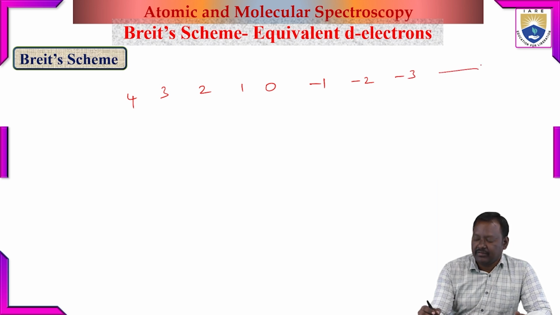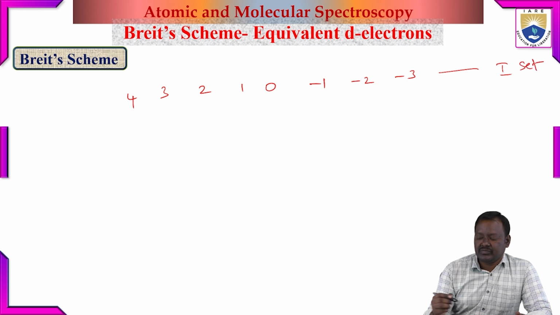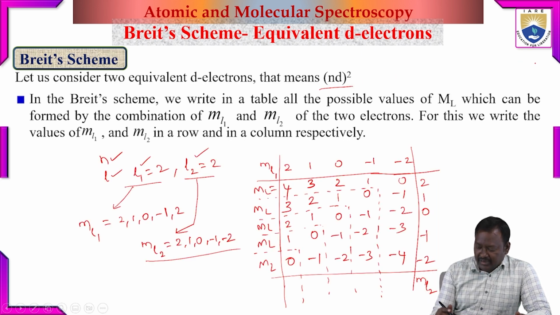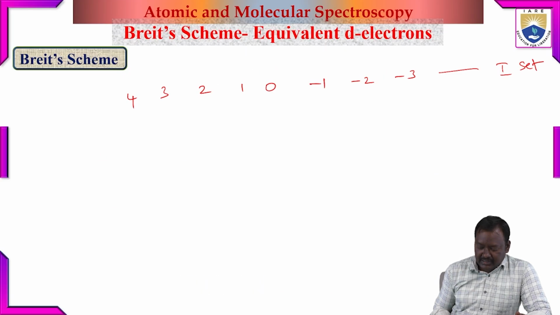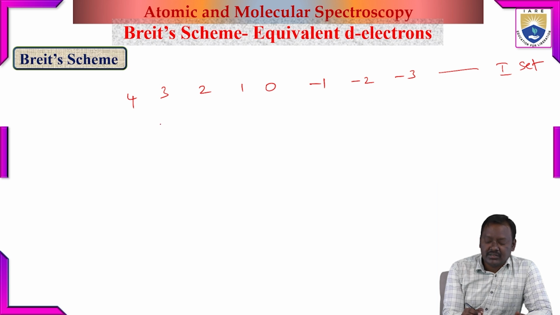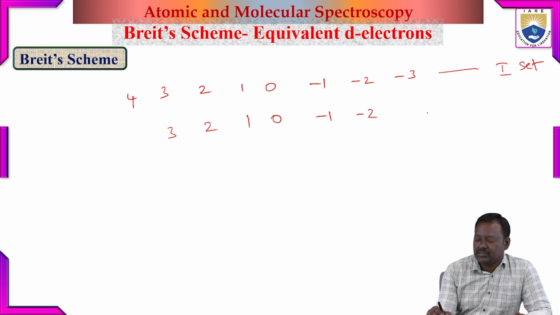This is the first set of ML values. The second set of ML values starts from 3 and ends at minus 3: 3, 2, 1, 0, minus 1, minus 2, minus 3. So this is the second set.